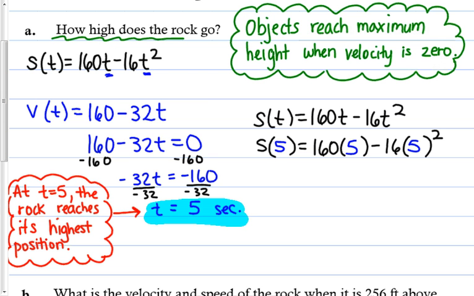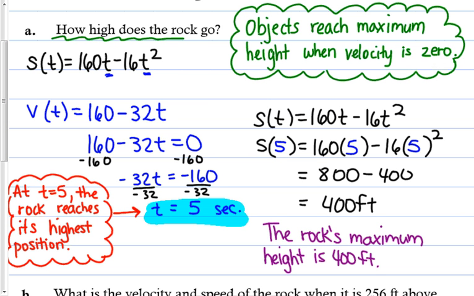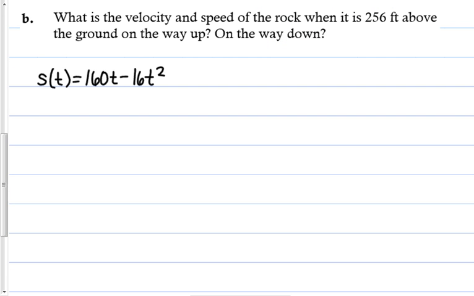I plugged in the 5s, and I get 800 minus 400. So 400 feet is the position. The rock's maximum height is 400 feet. That's how high the rock goes.